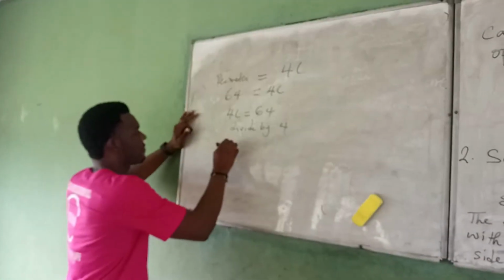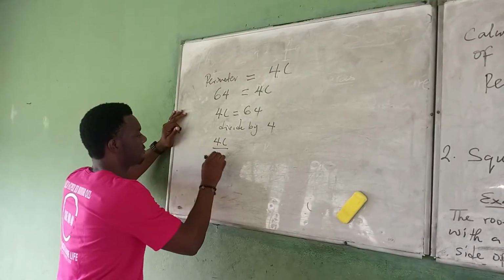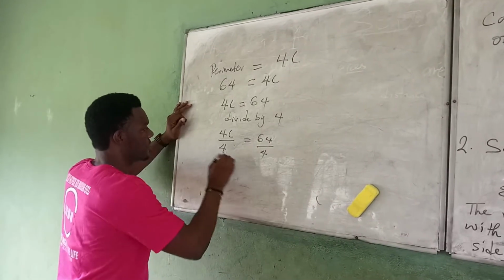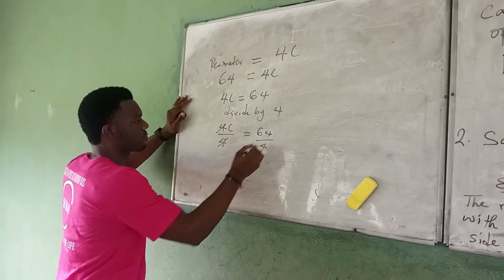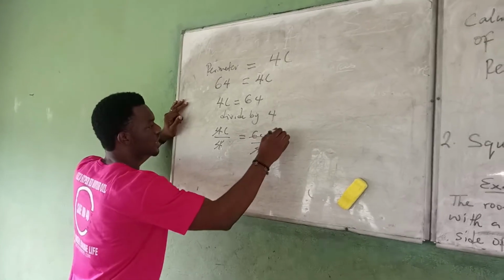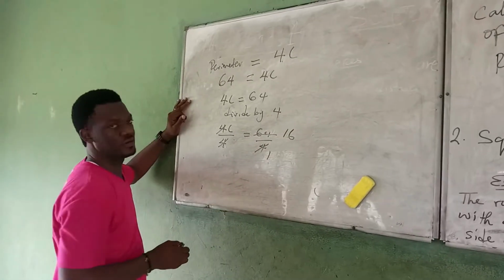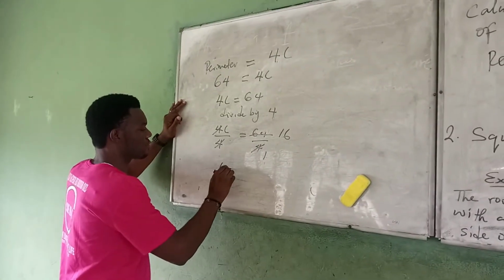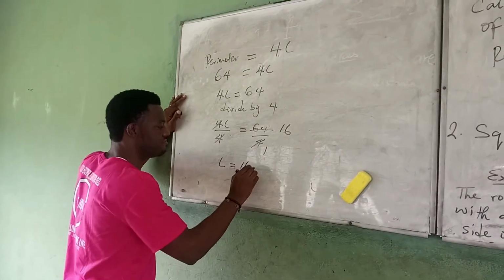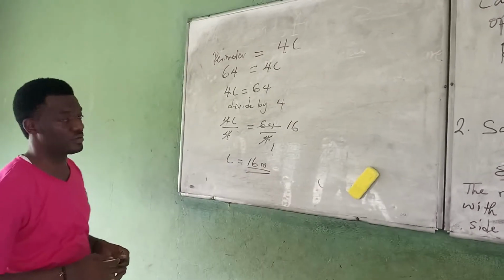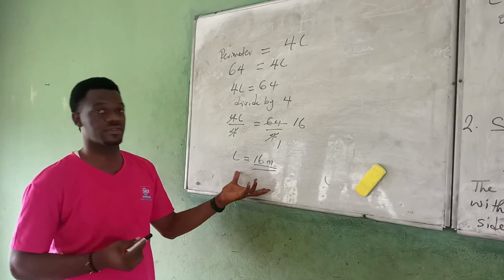So it becomes 4L all over 4 is equal to 64 all over 4. And 4 cancels 4, and 64 divided by 4 will give you 16. So L will be equal to 16 meters.